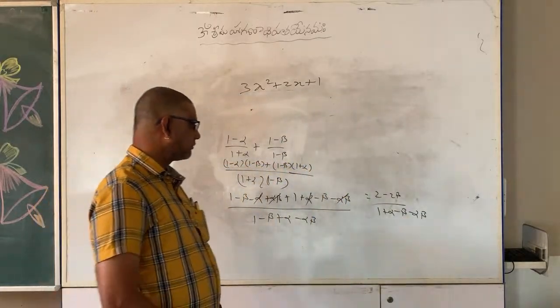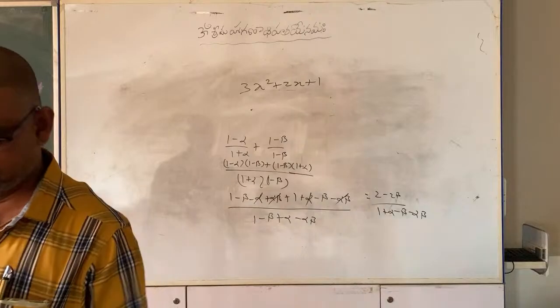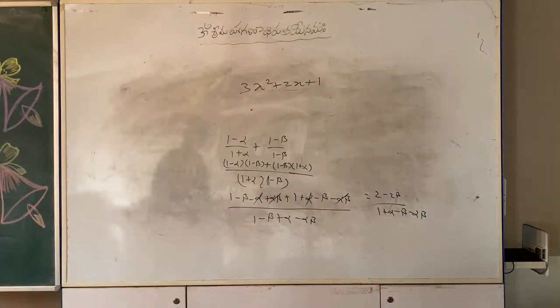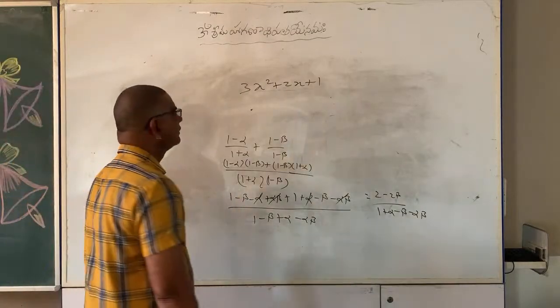This is sum of zeros, but we don't know alpha and beta, right? We don't know alpha and beta.